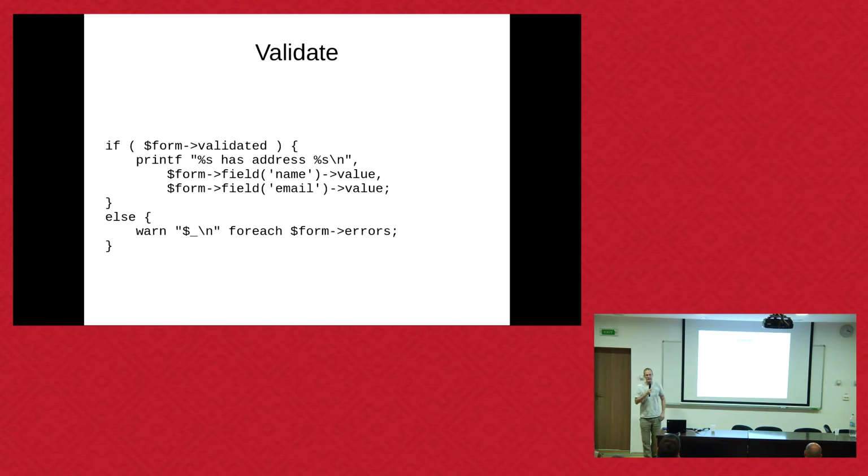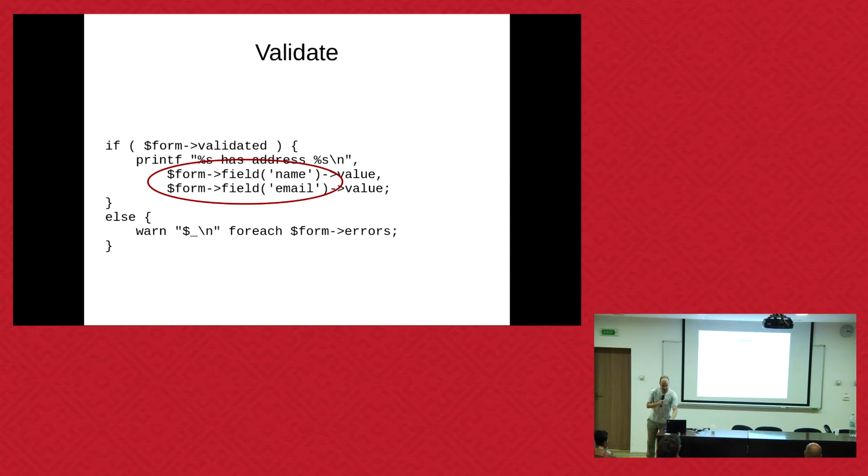So that's how we specify the rules for validation. In the application code, the form object has this validated method on it, and we just call that. It returns true or false. Great. Again, because this is OO, the form object has a field accessor, and we can retrieve the fields from the form like that.